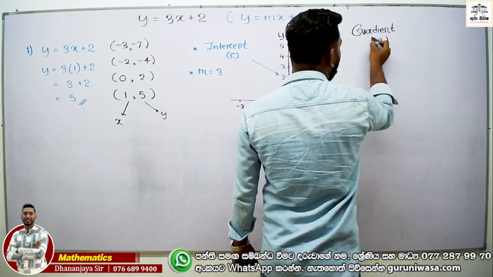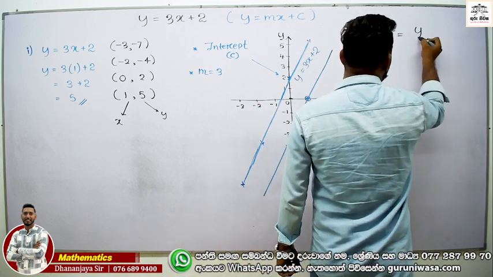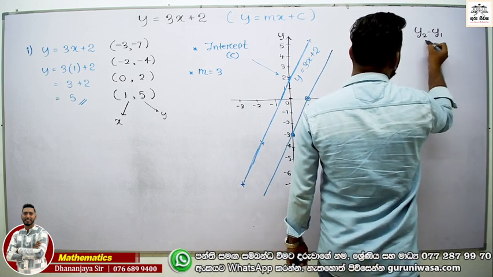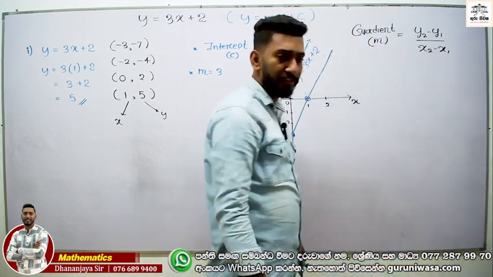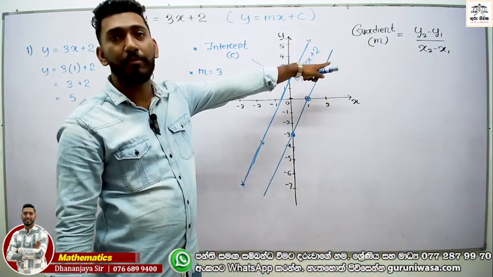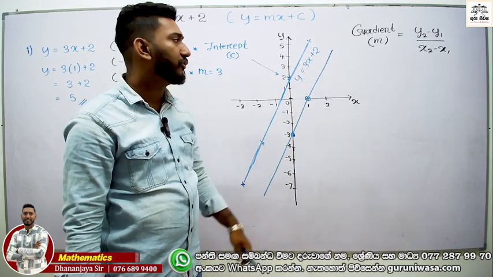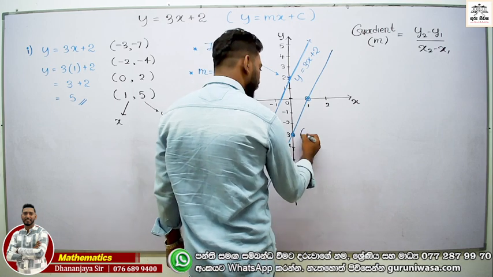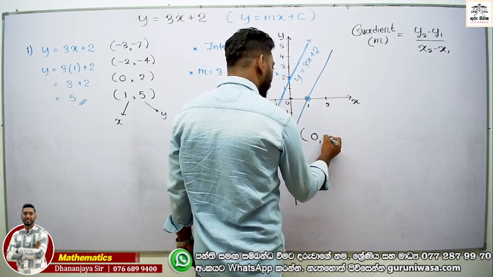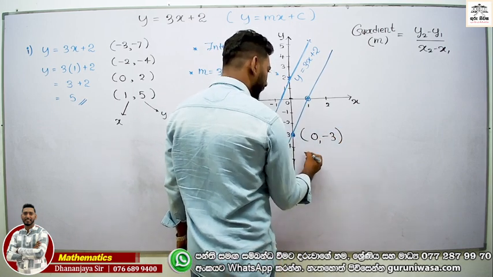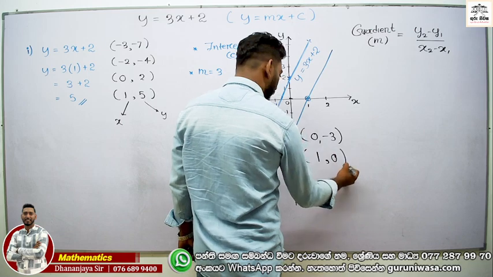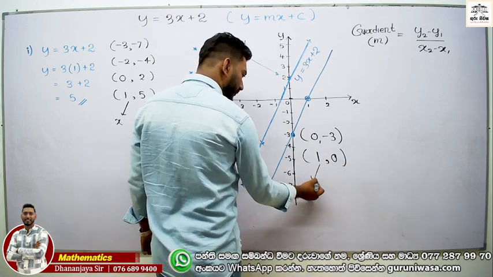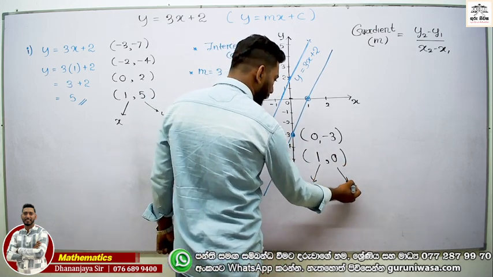Gradient m equals the difference of y coordinates divided by the difference of x coordinates, and this is a very special formula. Now I'm going to use the coordinates (0, minus 3) and (1, 0). In each, the first is x and the second represents y.